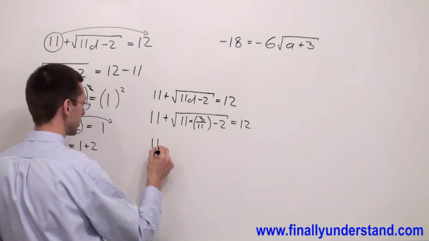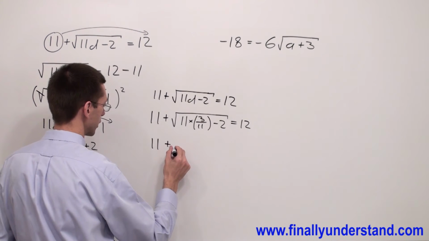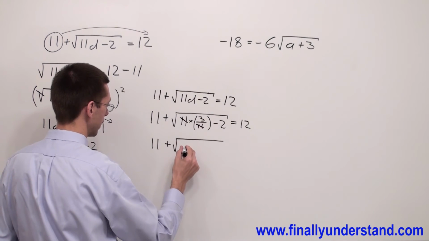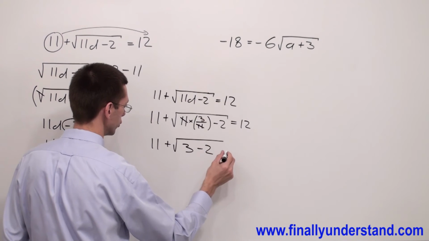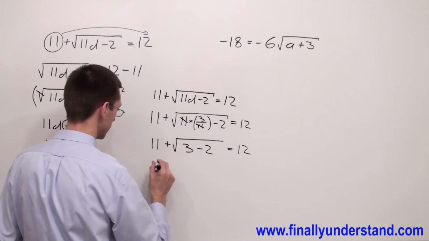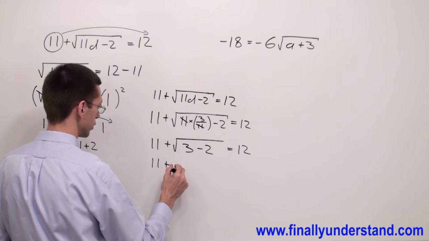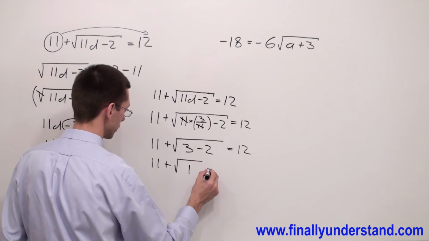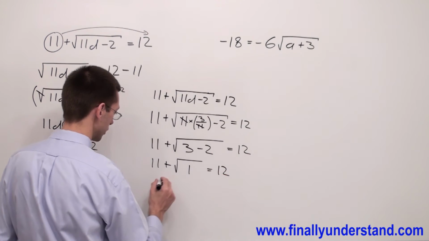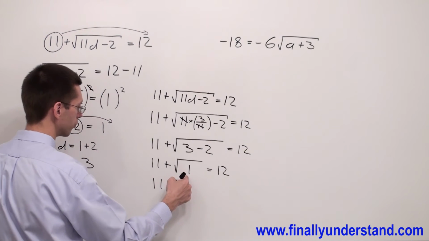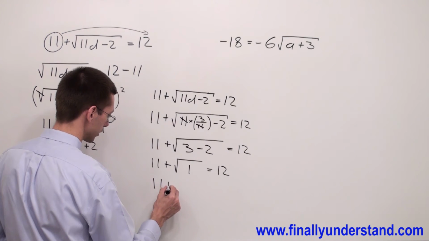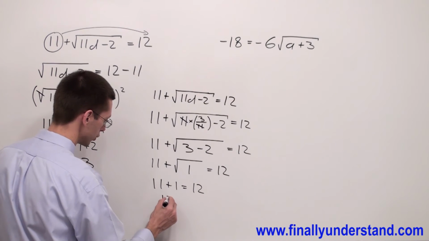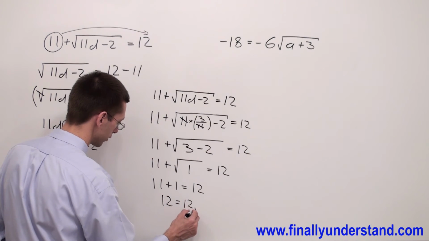I have 11 plus square root, 11 and 11 will cancel out, and I have 3 minus 2 equals 12. 11 plus square root of 3 minus 2, which is 1, equals 12. 11 plus square root of 1, which is 1, has to be equal to 12. 11 plus 1 is 12. 12 is equal to 12.